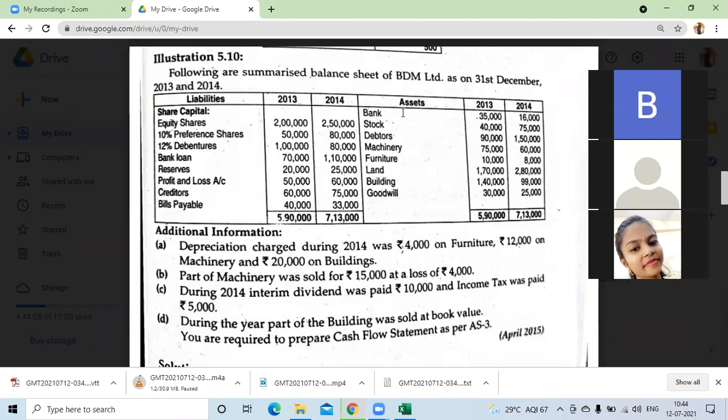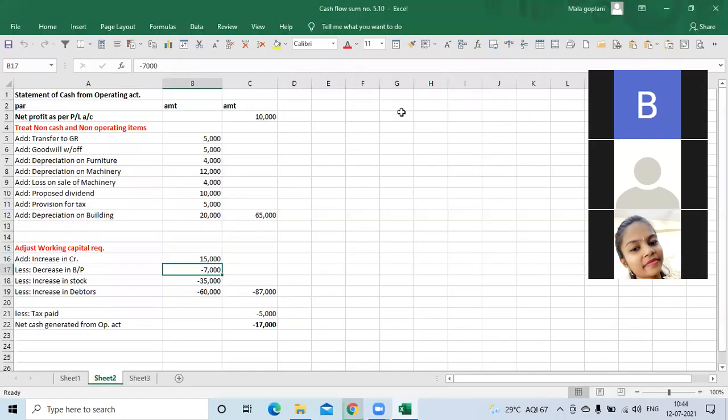Therefore, if stock increases, we will deduct that item from adjust working capital. Come to the operating activity, adjust working capital, and write down the third item, less increase in stock. It is increasing, but we will deduct it. So it is going to be opposite, inverse relationship.